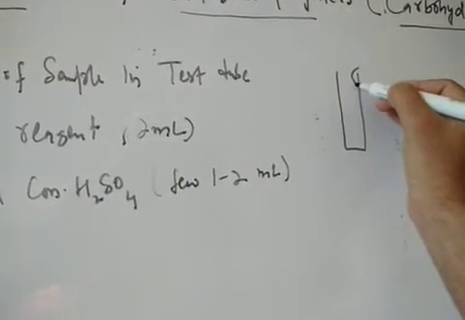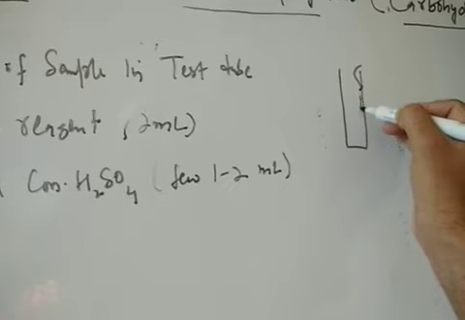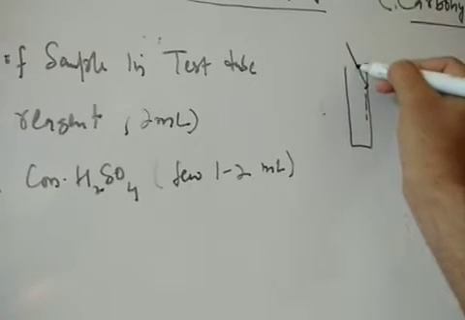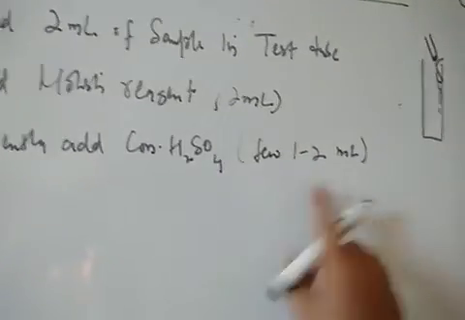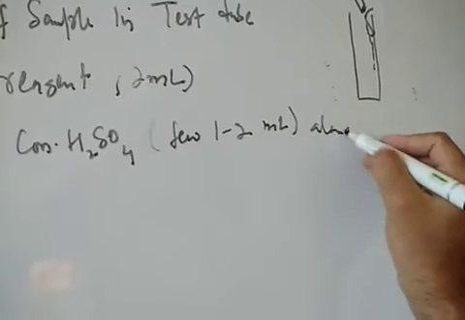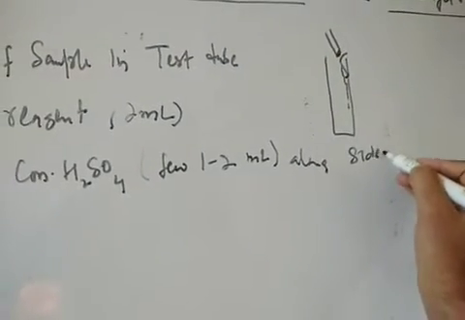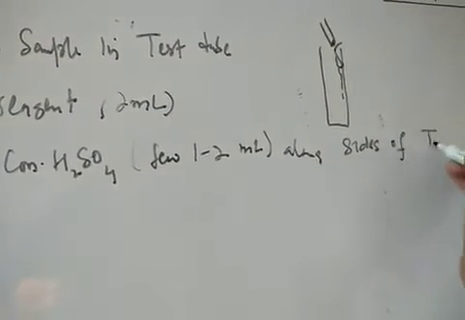Sulfuric acid we have to add here through the walls, so that should slowly come down यहाँ पे. So through the walls we have to add this. So gently add concentrated sulfuric acid along the sides of the test tube.